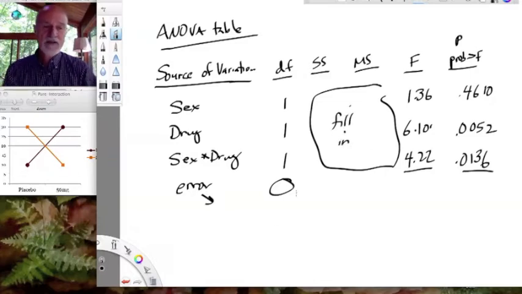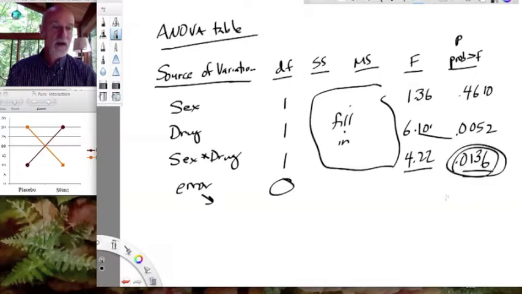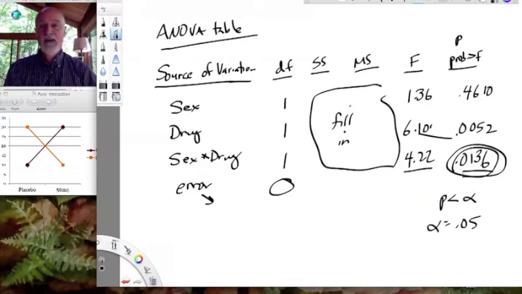What I really want to get to today is how we would make our first statement about this interaction, because this p-value, p is less than alpha. If we set alpha equals 0.05, right, which is fairly typical, we are finding a statistically significant interaction between sex and drug.